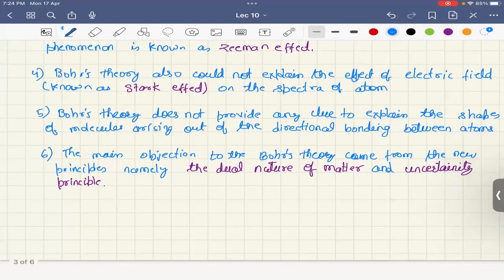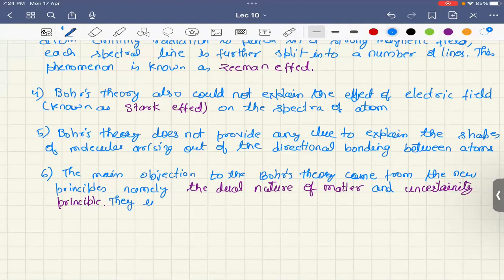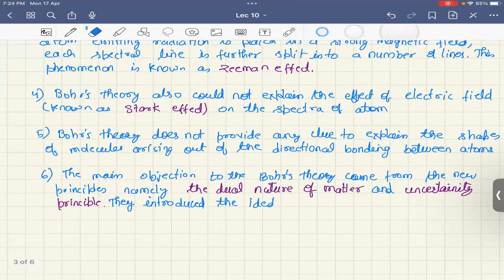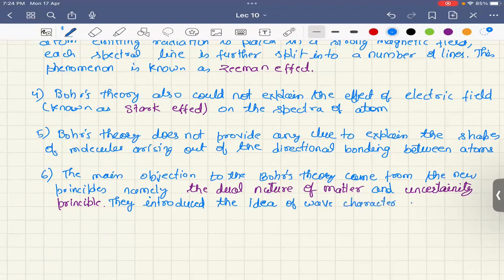They introduced the idea of the wave character of the electron, in addition to its particle character.